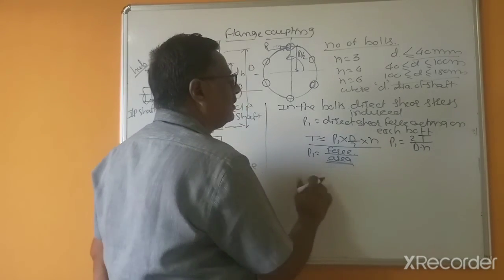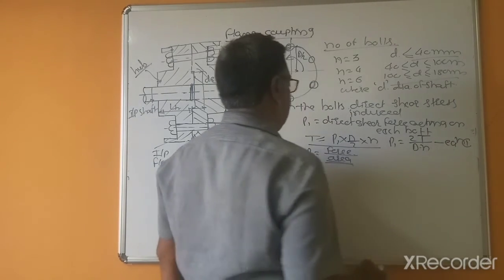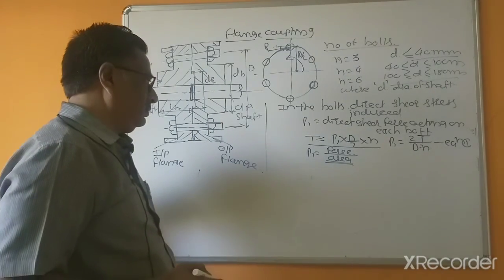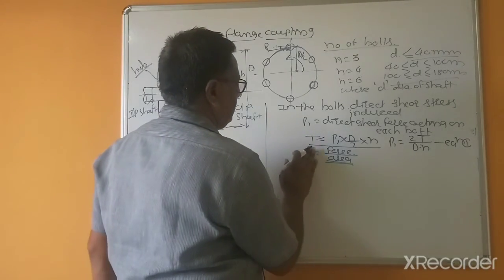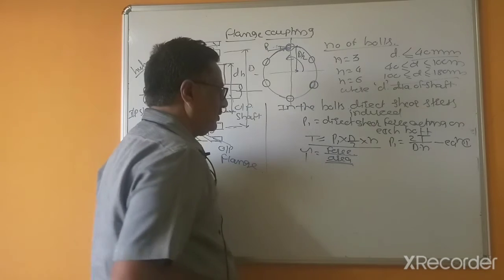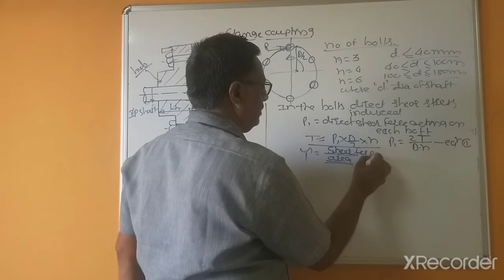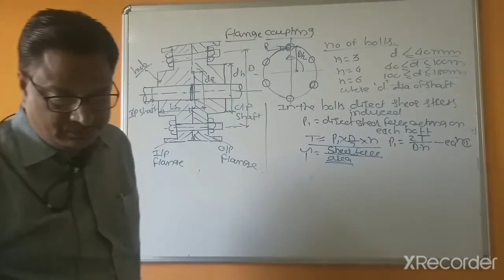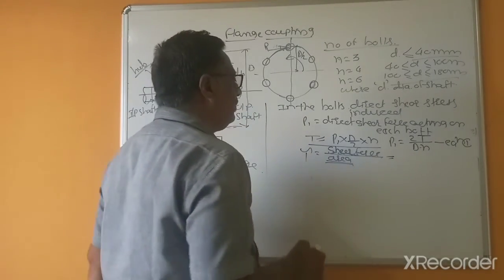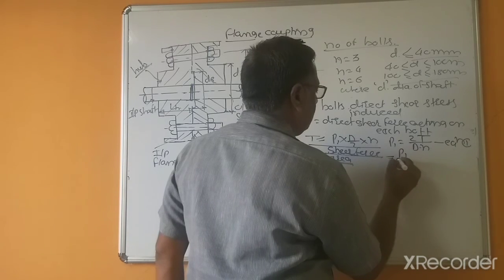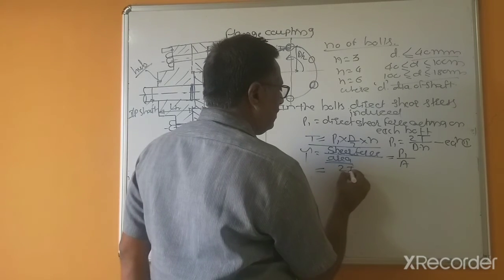Now by putting equation first, tau equals shear force divided by area. That is why we can put the shear force equal to P1 divided by area, and P1 is nothing but 2T divided by D into n.